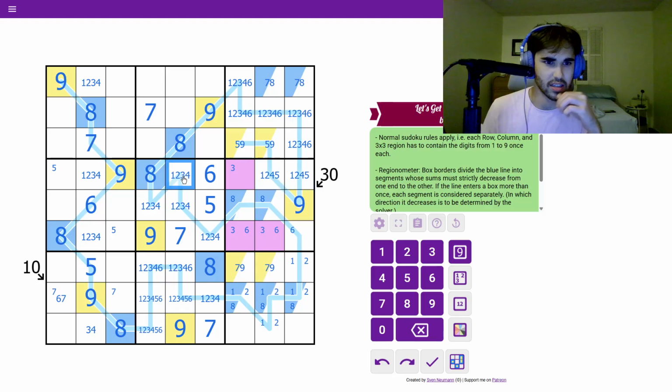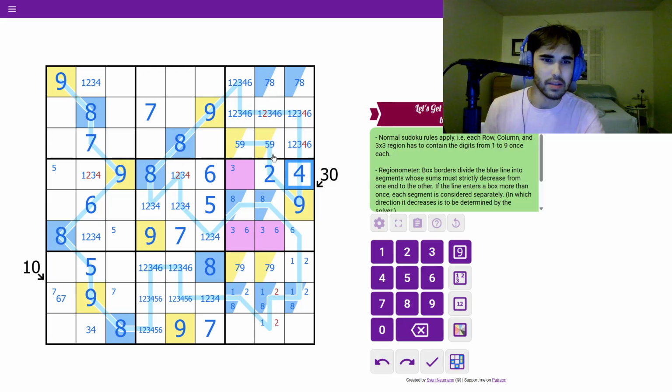It's got to be this 6 cage, right? Yeah, the 7 can only go in 2 places in this row. There's just something trying to tell me that this can't be 2-4.